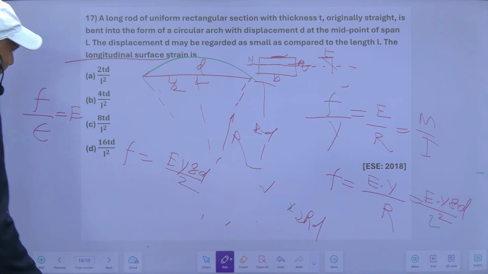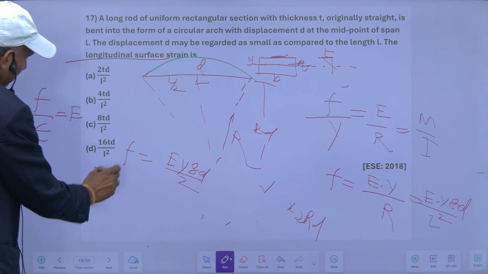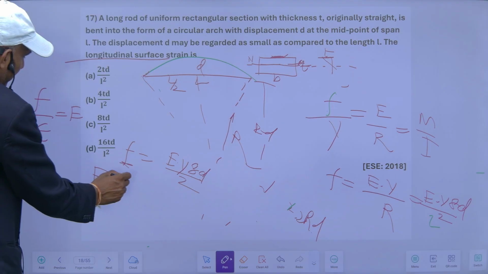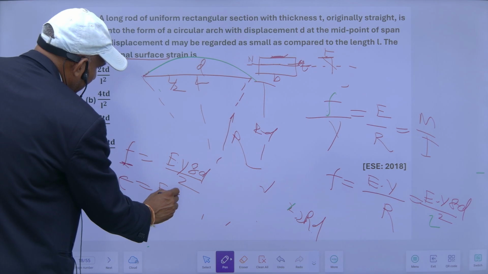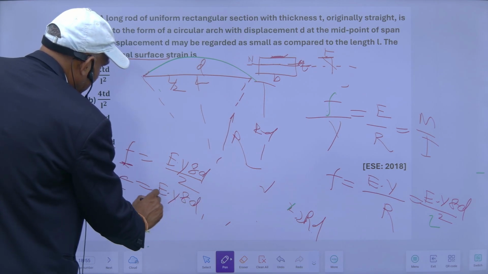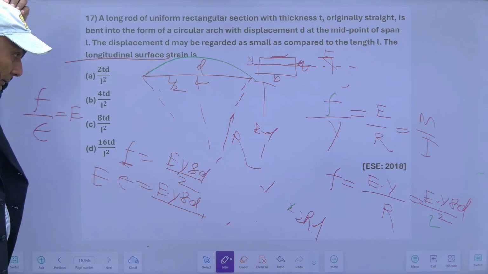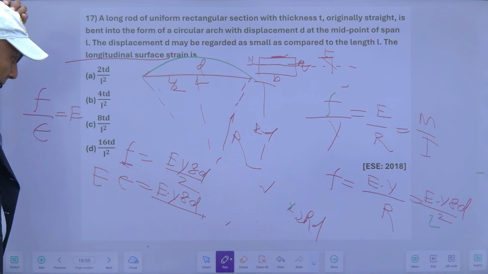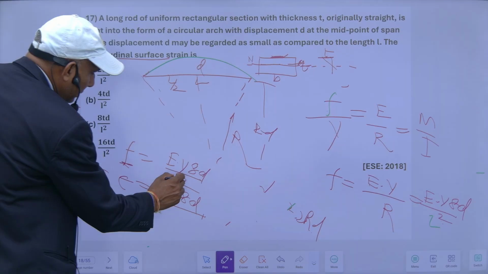So I can say F is equal to E into strain. So this F is equal to E into strain. This is my strain, equal to E into Y into 8d upon L square. Oh, this is L square, not 2. This is L square.